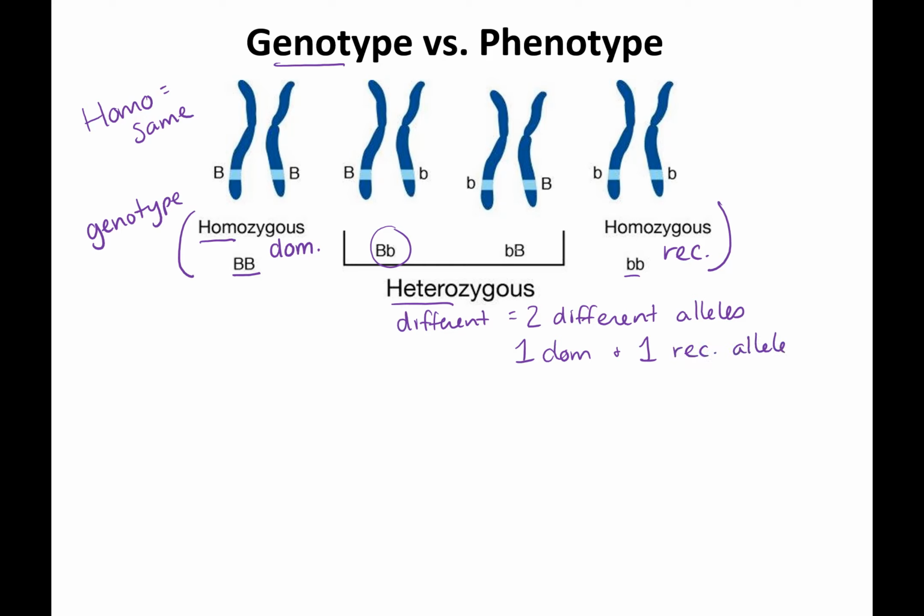And in fact, capital B lower, big B little b, and little b big B are the same, but it's always best to write the capital first for your allele pair because that helps you see that you have a dominant allele, and so you're going to have a dominant phenotype.